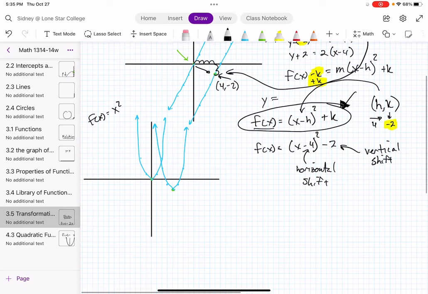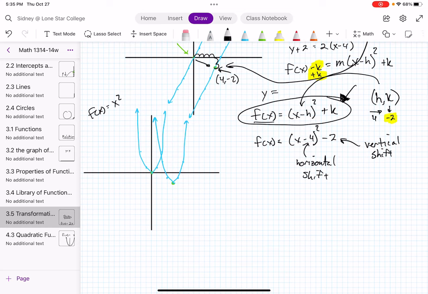And so if you want to move a function, say, 7 steps to the right, you say x minus -7 squared. So that's 7 steps to the left, and then 4 steps up. This means 7 steps to the left.